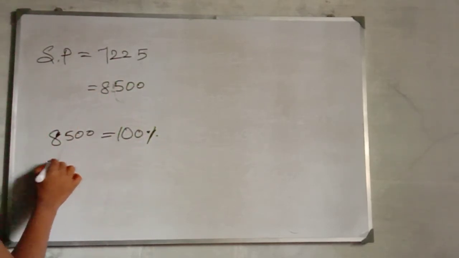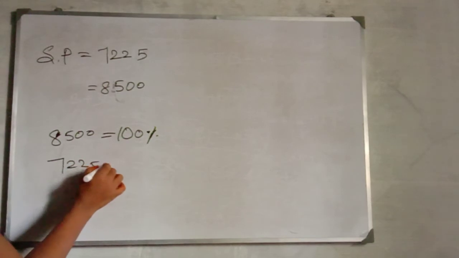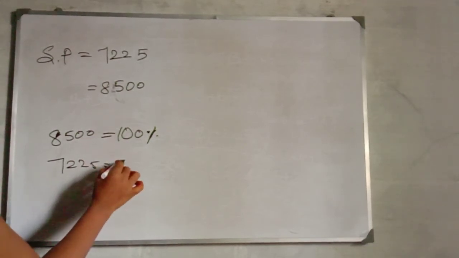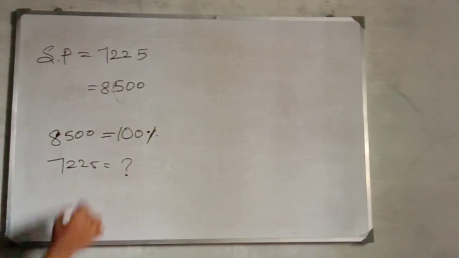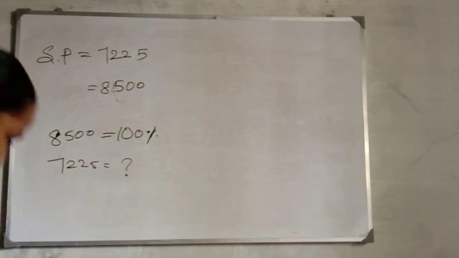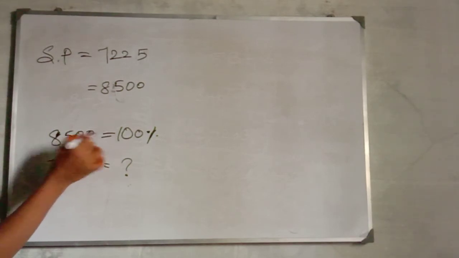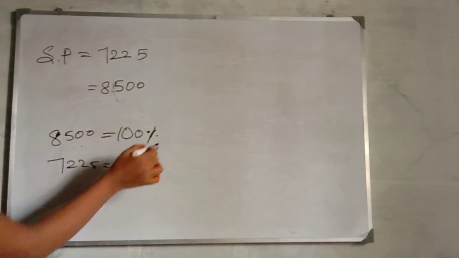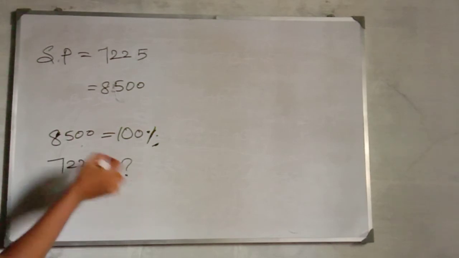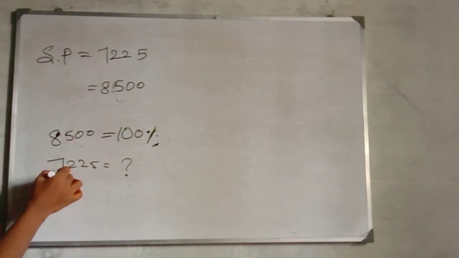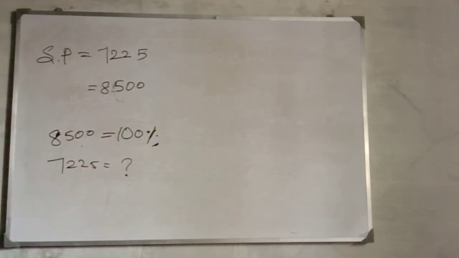The selling price is 7225. This is what percent? The discount will be what?